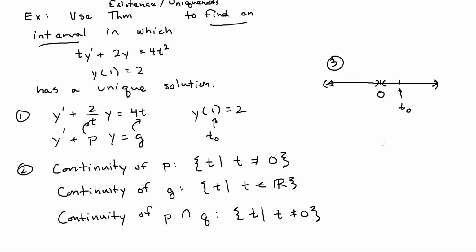Where does the theorem determine that there is a unique solution? Well, it's the interval that's continuous. We've got a continuous interval here and a continuous interval here. It's the interval that's continuous that contains the initial condition. So this one here is the interval that's both continuous and contains the initial condition.